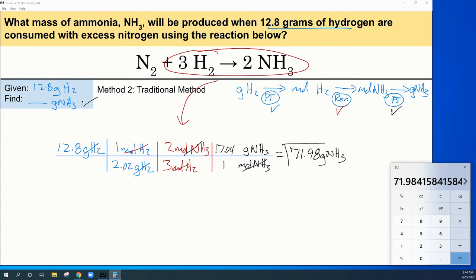Now, if you're stopping and re-entering your number each time, you're going to have a small rounding error at the end, but your number should be very, very close to this. Definitely 72 grams of ammonia is what it should round to.